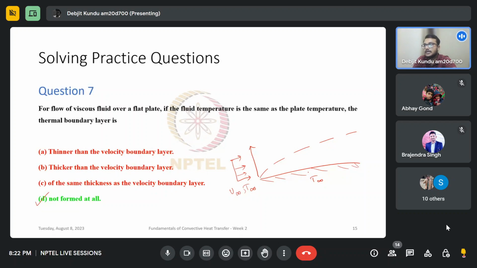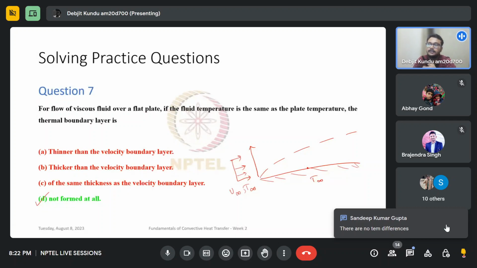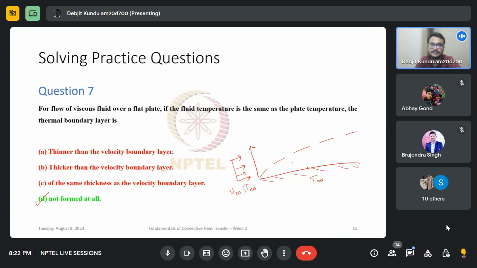If in the wall there is some temperature, heat would flow either in or out into the fluid, and as a result it will try to reduce the difference between that of the wall material and that of the fluid. So if it's less, then this will be the kind of boundary layer, or if it's higher, then this will be the kind of boundary layer that forms.